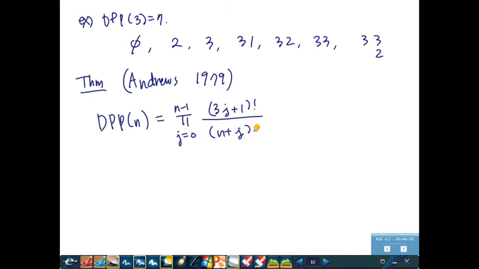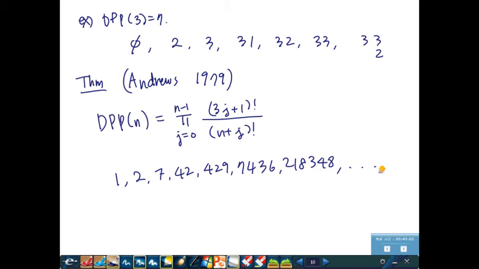Can you recognize these numbers? 1, 2, 7, 42, 429, etc. Stanley realized that the number of n by n alternating sign matrices is equal to these numbers. So Stanley told them, oh yeah, I've seen this sequence in Andrews' paper, so you should look at this paper.